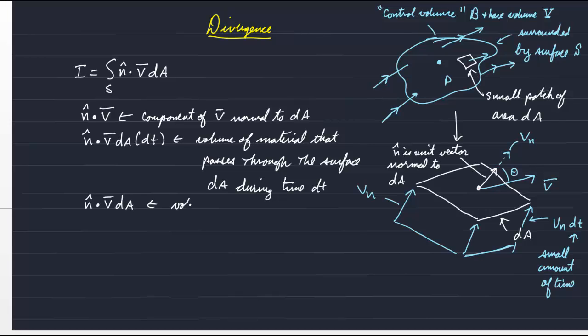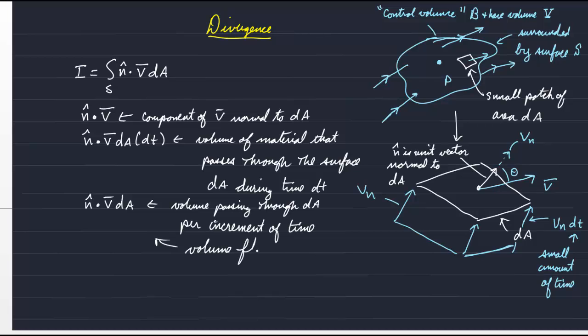And therefore, n hat dotted with v dA gives the volume passing through dA per increment of time. It's called the volume flux, and it's measured in volume in meters cubed per second.